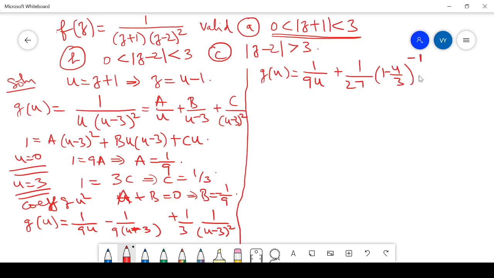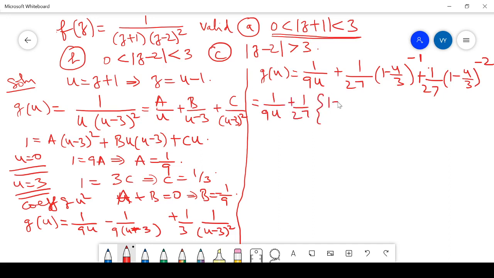And this will be minus 1 by 9 into minus 1 by 3, that is plus 1 by 27. When I remove minus 3 from the third term, I have a square here. Minus 3 whole square will become 9. 9 into 3 will become 27, and this will give you 1 minus u by 3 raised to the power minus 2. So this will be 1 by 9u plus 1 by 27.